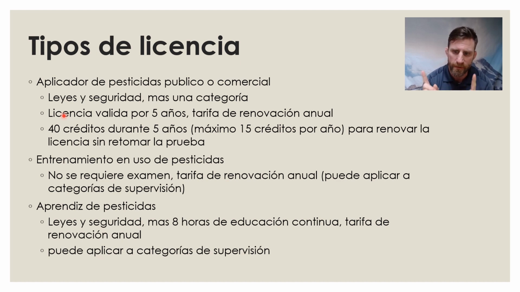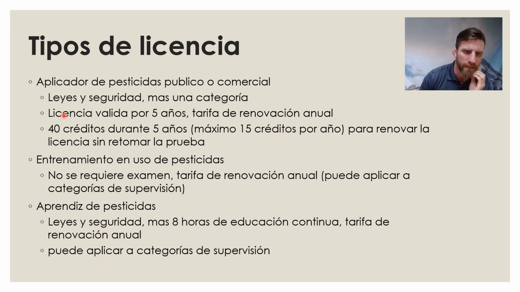So they'll have to take 2 exams minimum to get an application license in here. And we'll talk about categories in the next couple slides here and what that means. So the minimum requirements for a commercial and public pesticide applicator are the laws and safety exam, and then also an exam in 1 category.